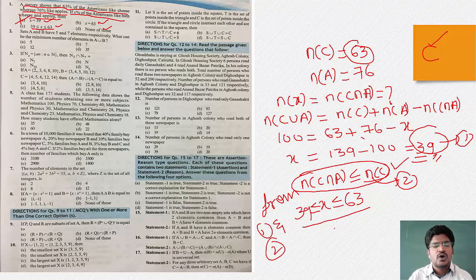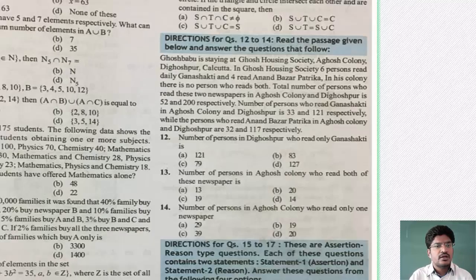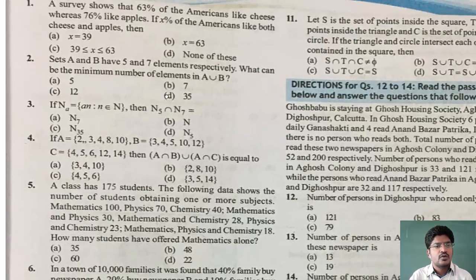Clear, students? So now let us go for the next question. In the second question, what they are telling: sets A and B have 5 and 7 elements respectively.